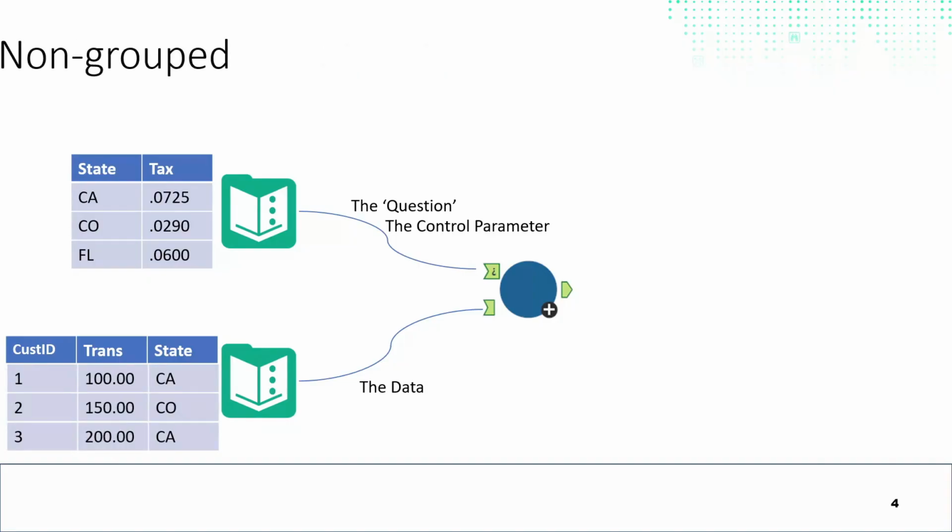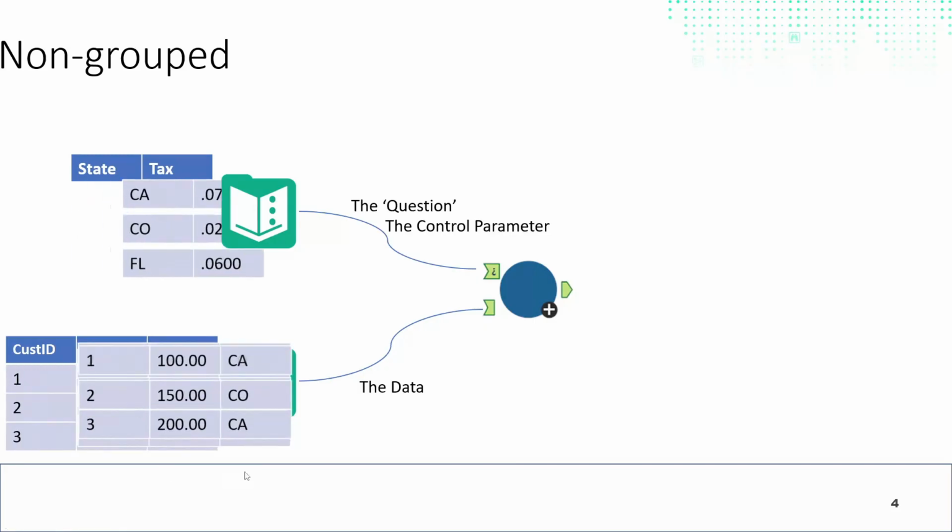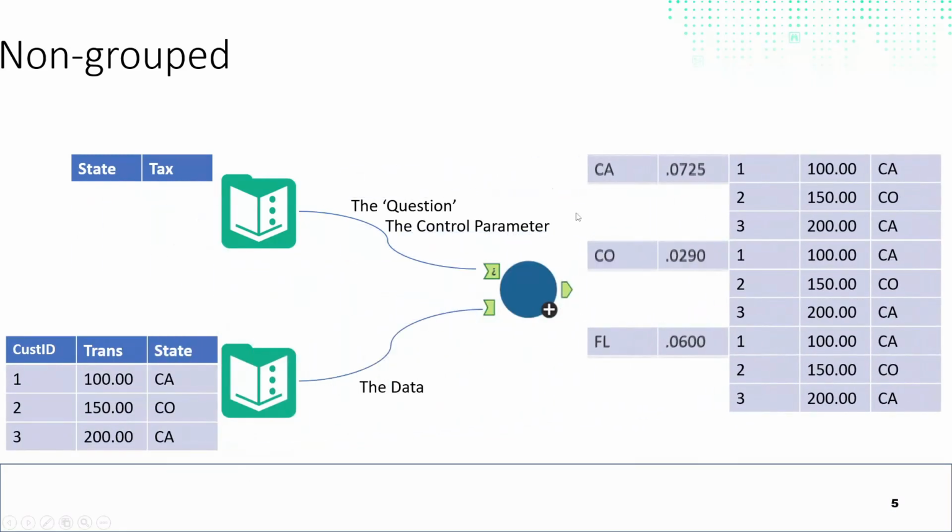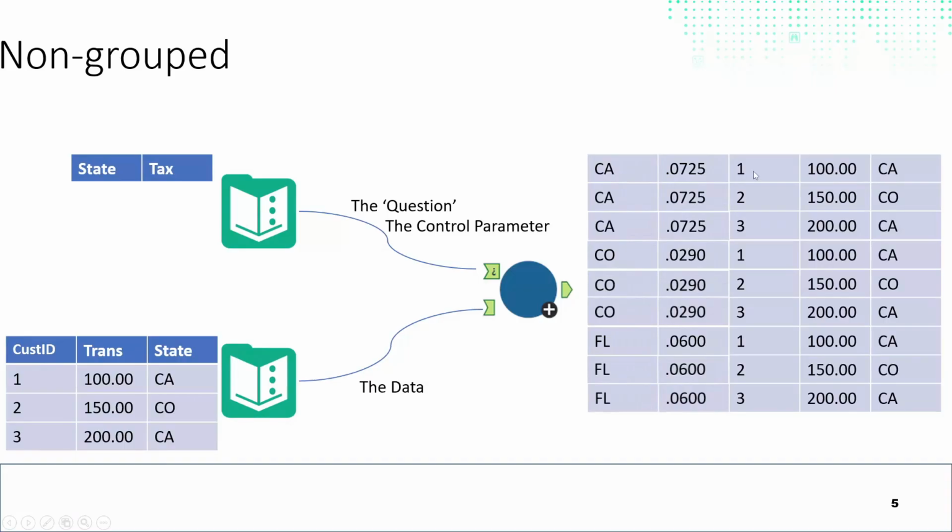And then non-grouped, so this is like we were running before. What it's going to do is pull in the data, and it's going to apply each row of the control data to every row of your input data. So functionally, you're going to have the first row of your control data applied to all 3 customers, the second row to all 3 customers, the third row to all 3 customers.